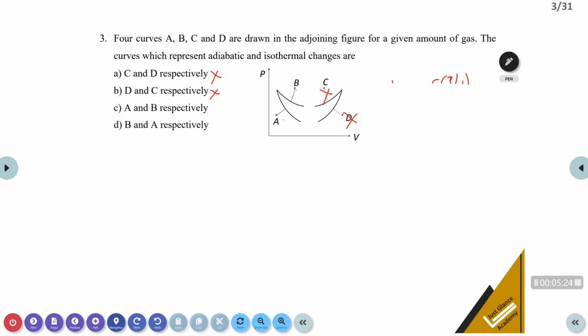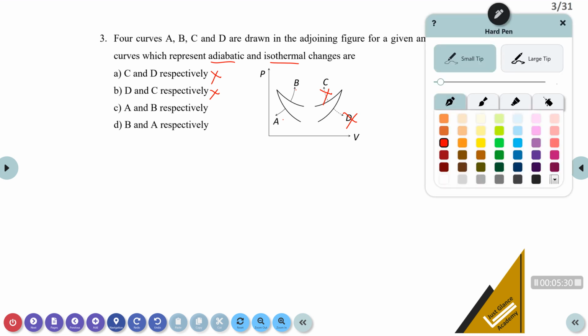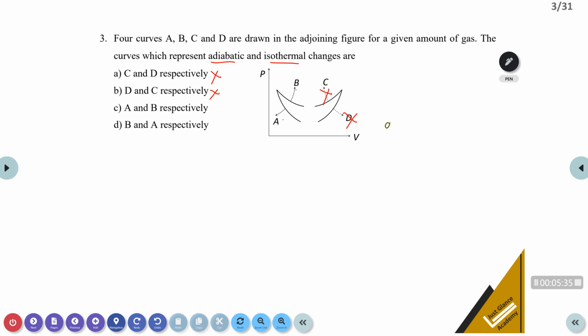Next, which one represents the adiabatic curve and which one represents the isothermal curve. We know that dP by dV equals minus P by V for an isothermal curve.